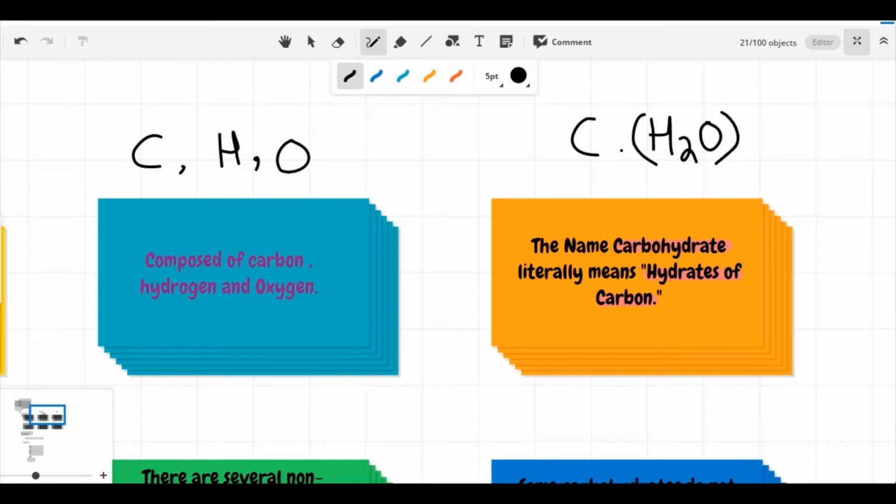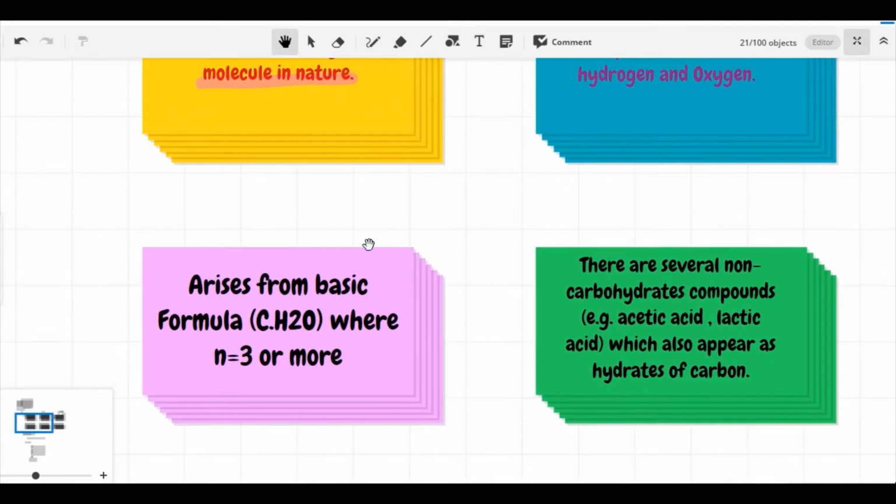Next, carbohydrates arise from the basic formula Cn(H2O)n, where n should be equal to 3 or more. Remember that when n is equal to 3 or greater, it satisfies that these are in fact carbohydrates.